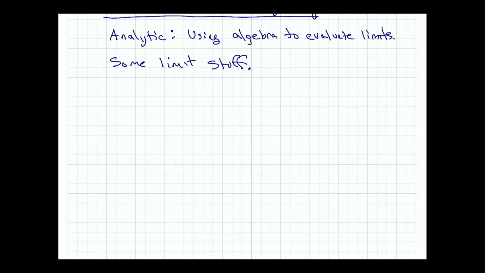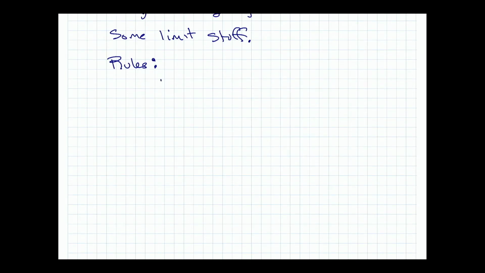Okay, so basically these are just going to be some rules that we're going to follow. Rules. Okay, if you have a limit as x goes to some number a of a constant, and that constant k is a different number, then that is just going to be k.